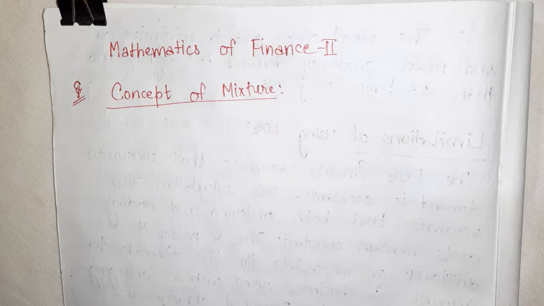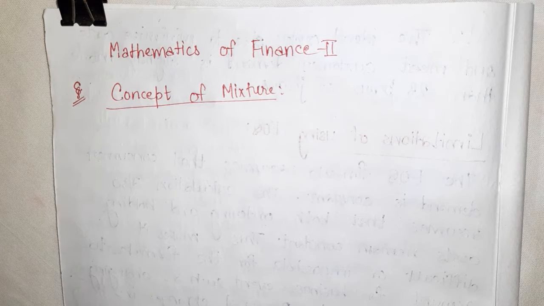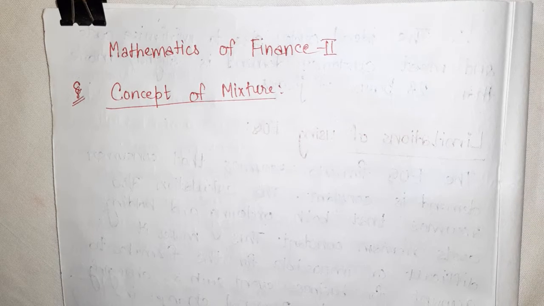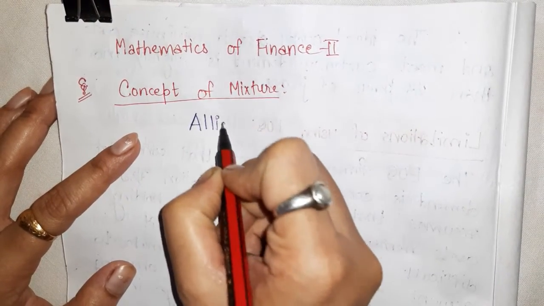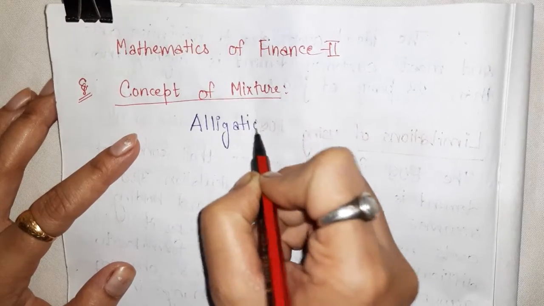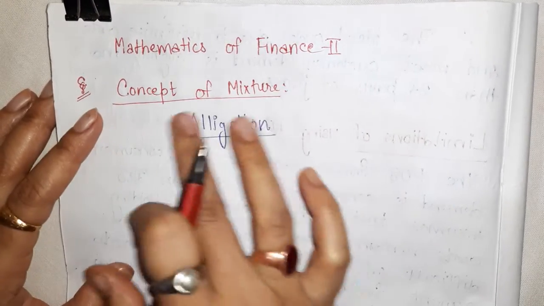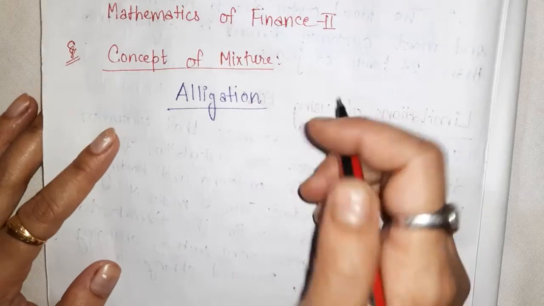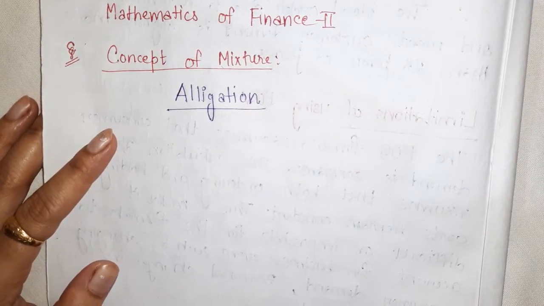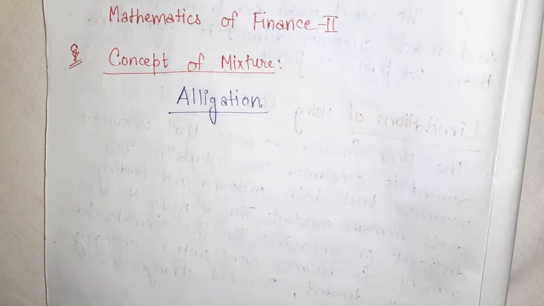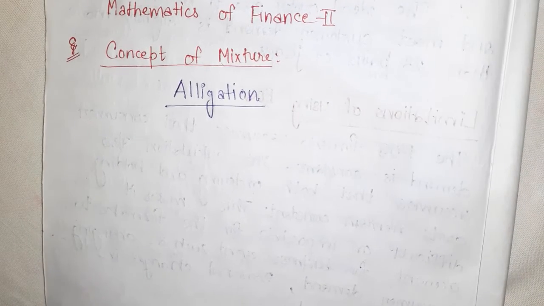So at first we will study the basics of mixture, right? And the different name we use for mixture is alligation, the mathematical term that we use. This alligation we use in the theory of mixture, right? So what is alligation?